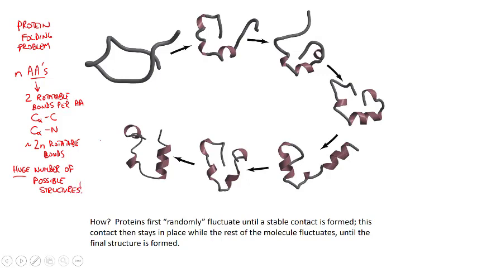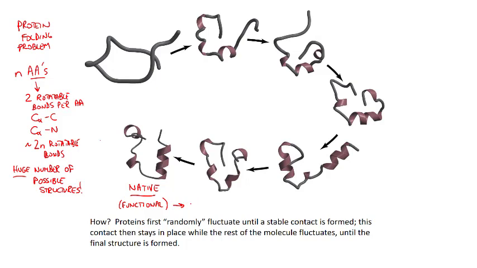And yet what ends up happening is that the protein, every molecule of a given sequence, always comes to the same structure. So if we say that this final structure here is our native state, in other words, it's the functional state, well, how is it possible that the protein is just going to find this structure just by randomly fluctuating? Well, it doesn't randomly fluctuate.